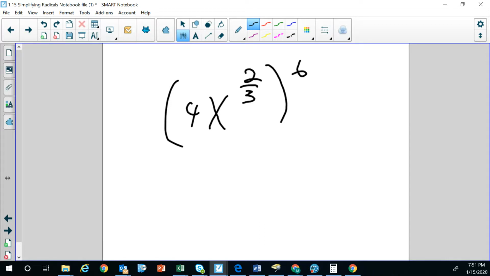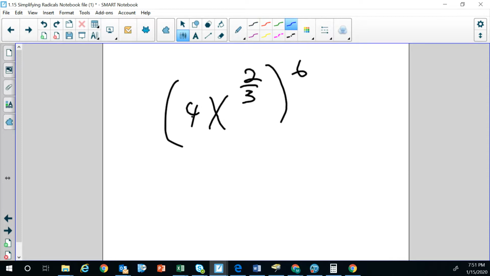Now, remember, in this case, we're going to multiply the exponent by 6. We do not multiply 4 times 6. That is a common mistake. We do not multiply 4 times 6.